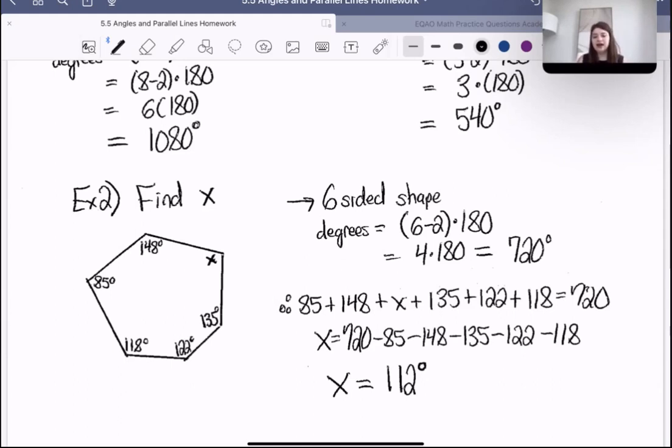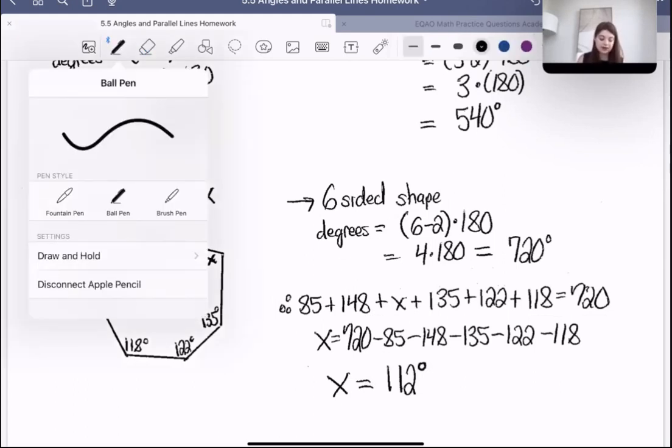And they add up to 720 degrees according to this formula, right? If we plug this in, we get 720 degrees. Then we can add all these up to 720, subtract the rest of them off, and we get that x is 112.